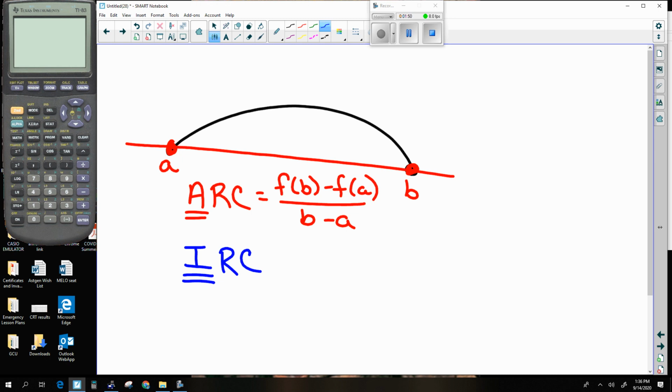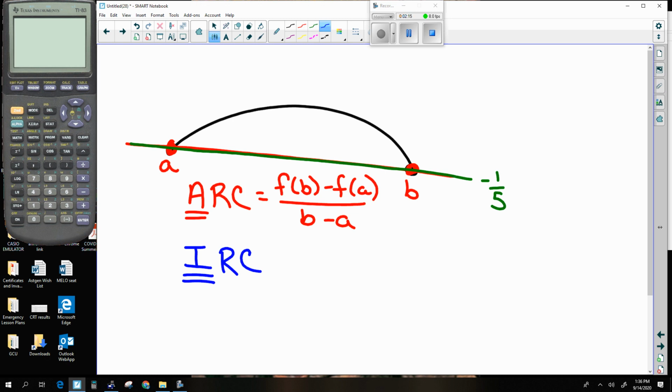Instantaneous means at that one moment. So, for instance, in this red line, the rate of change would be described as like -1/5, no matter where you look at it.